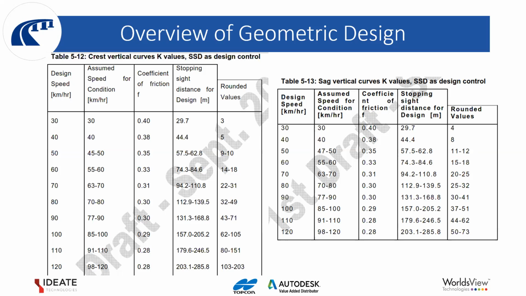The same also happens with the sag, where each of these has been simplified into what we refer to as the K values, which helps you as a designer to use very simplified equations and parameters as opposed to the SSD equations that sometimes are very long and confusing. So you just need to know that if I'm using a design speed of 30 kilometers per hour and my grade in and grade out are these specific values, what do I require to ensure that all those required parameters are met? You just talk in terms of the K values required for each of those.